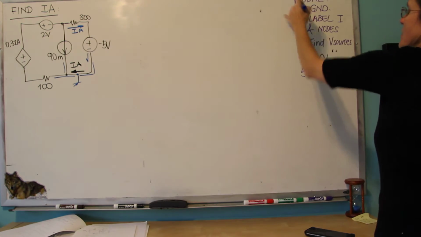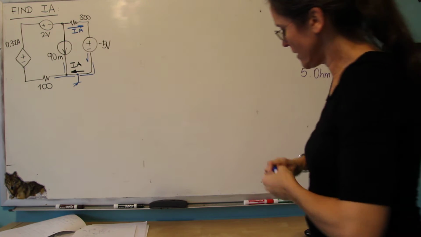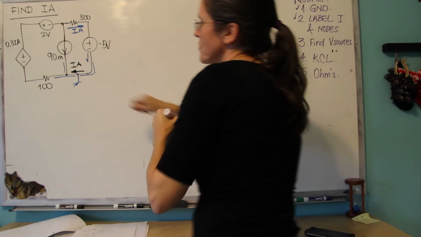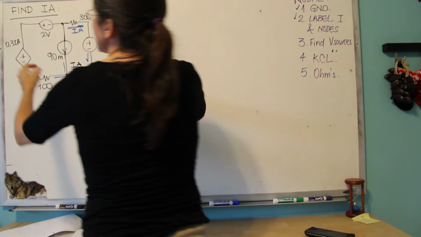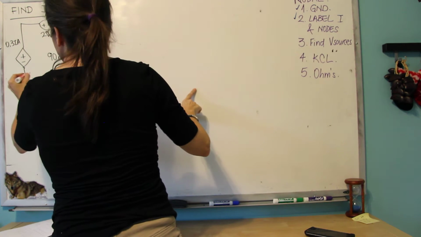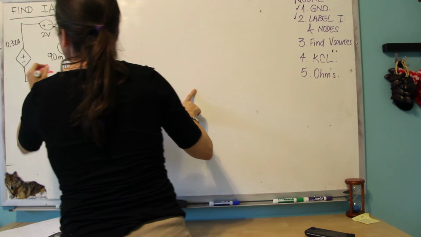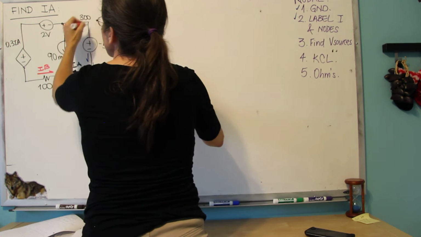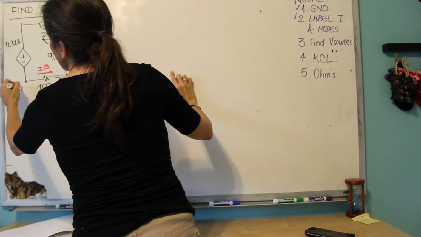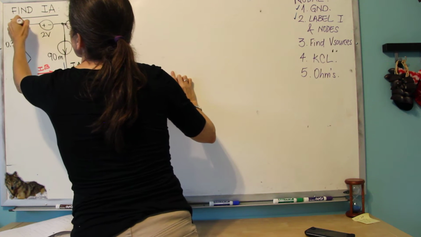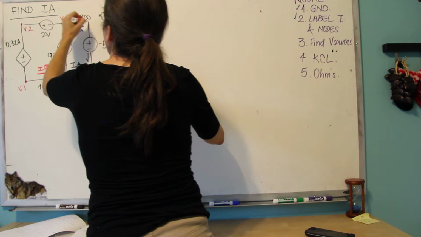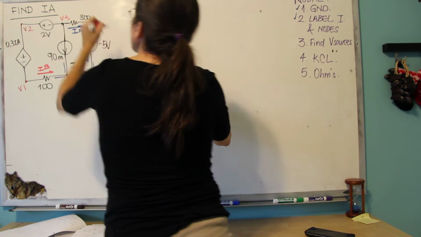For the second step, we're going to label currents and nodes, except for ground nodes already here. And here is a IB, for example, and then I'm going to call this V1, V2, V3, V4.